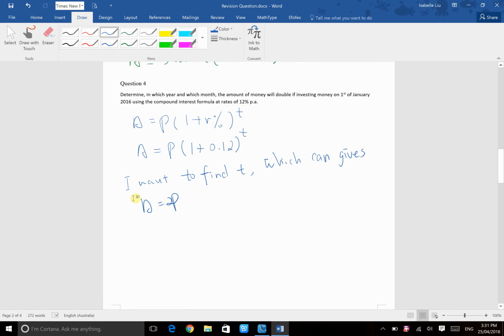So A must equal 2P. I want to find the T value which can make A equal 2P. So I can write 2P equals P times 1 plus 0.12 to the power of T. So I can cancel the P here. I can divide P on both sides. So 2 equals 1 plus 0.12 to the power of T.